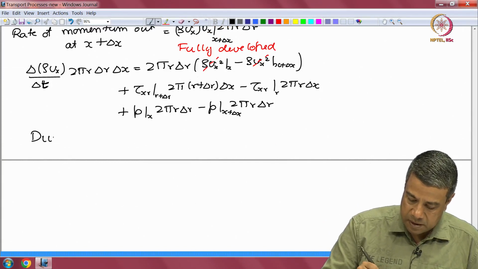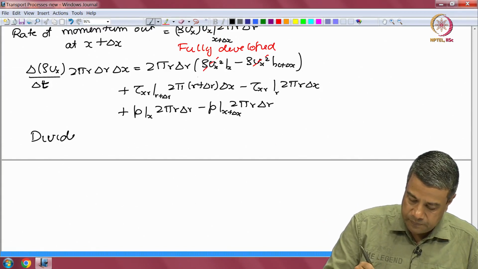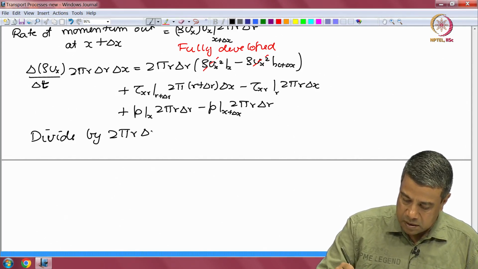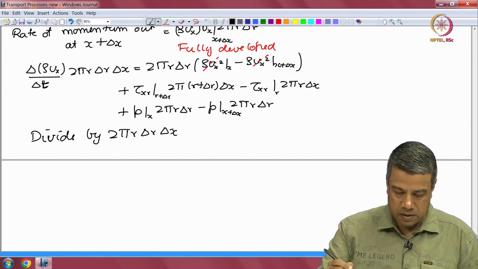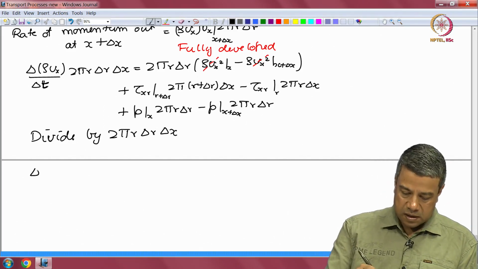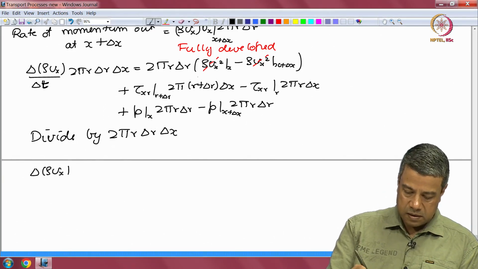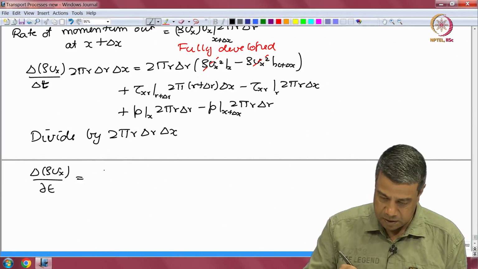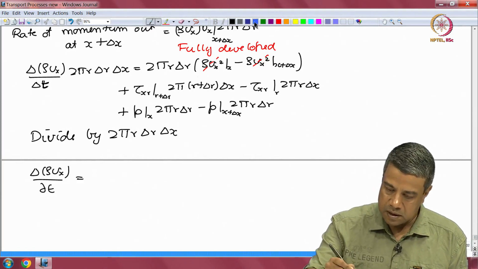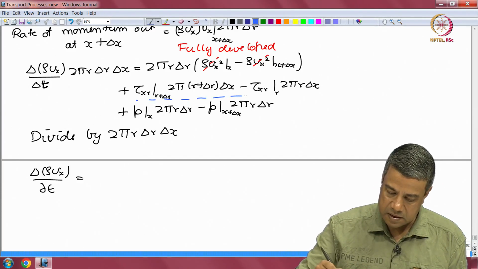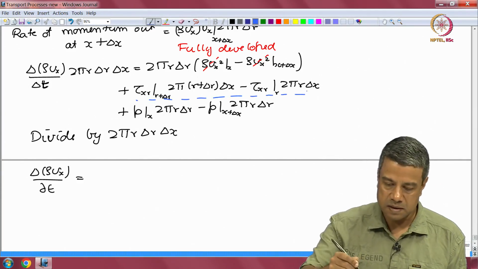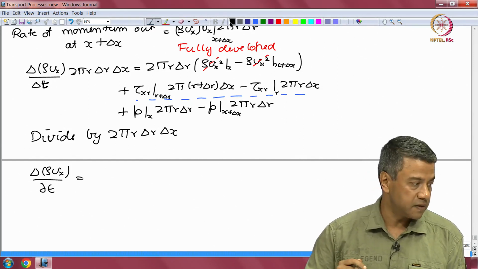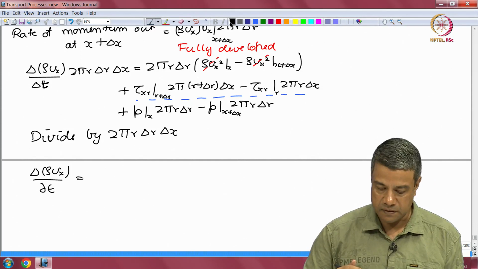So, divide by 2 pi r delta r delta x. And I will get the change in rho v x by partial t is equal to, note that in these two terms the surface area is changing. The outer and inner cylinders, the surface area depends upon the radius. So, you have different surface areas.